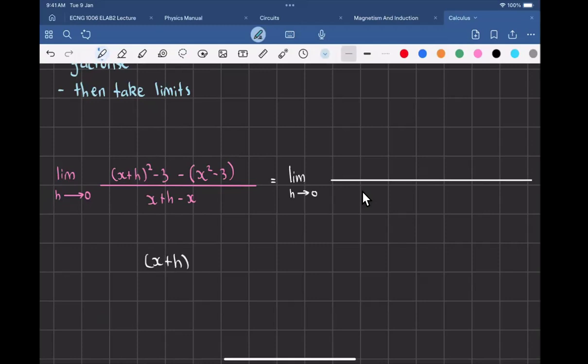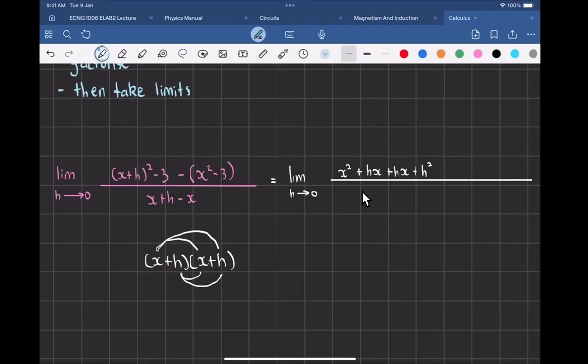All right, well, let me write it down. Expand it out from there. So it'll be x squared, then add xh, then add hx again, and then h squared.